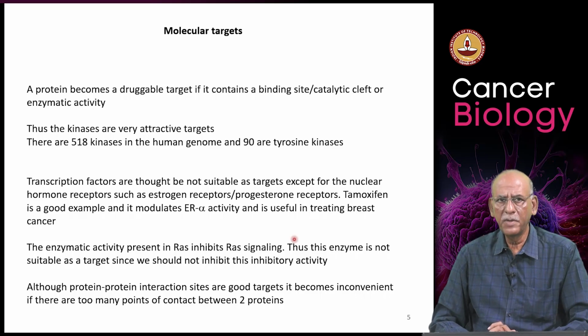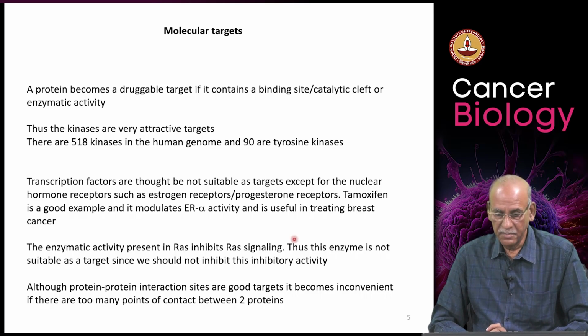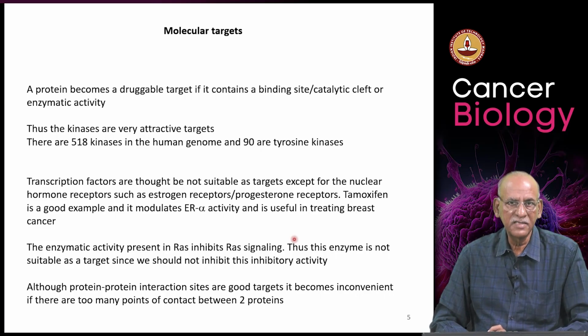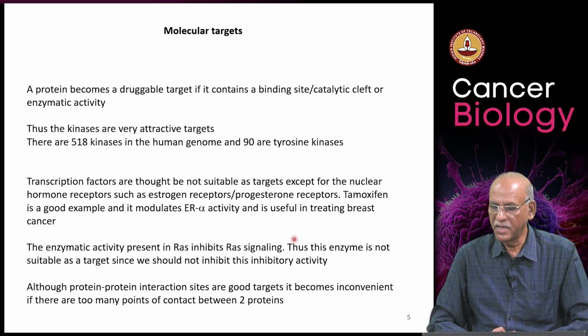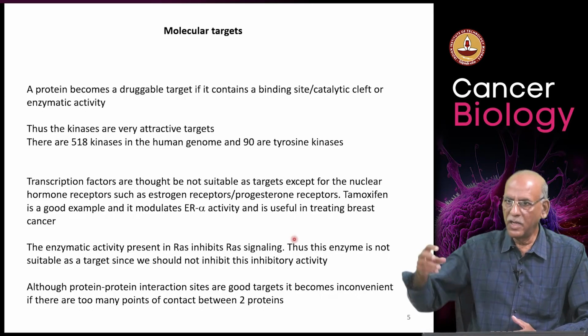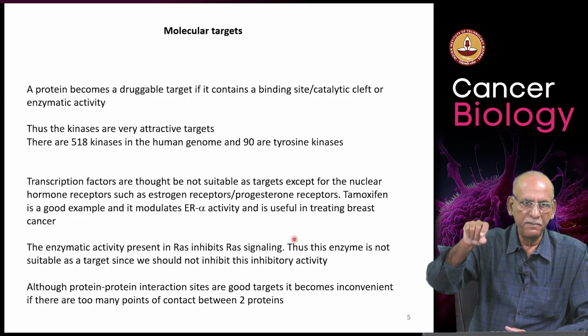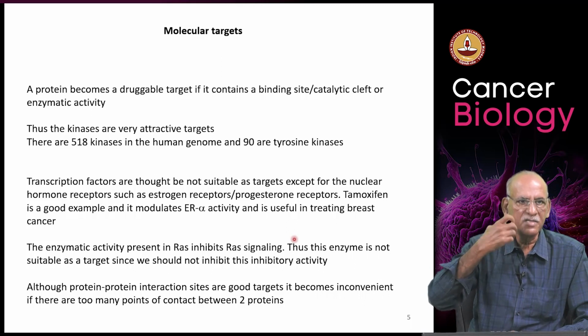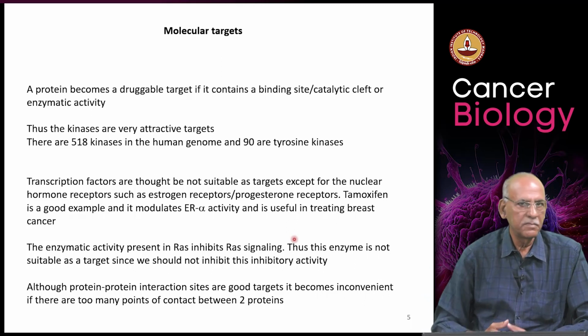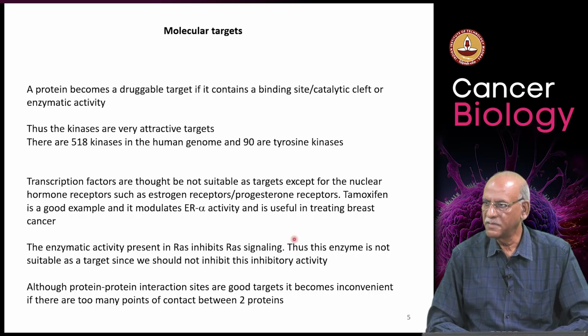A protein becomes a druggable target if it contains a binding site, or maybe it is an enzyme, so it has a catalytic cleft or some enzymatic activity at least. You either structurally corner the catalytic cleft or just interfere with its activity. These are the ideal targets.